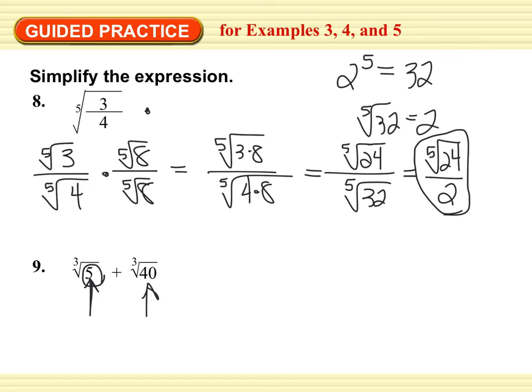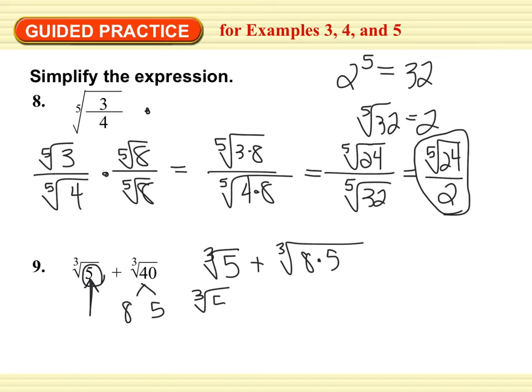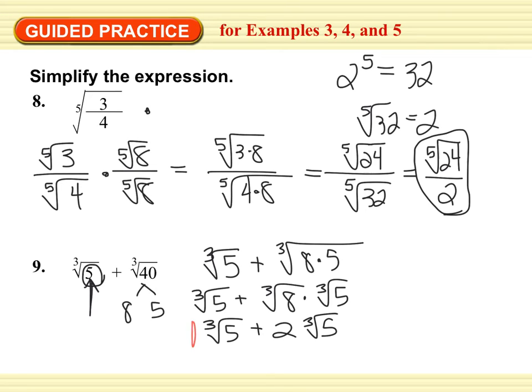So I do know that 40 is the same as 8 times 5. So I can do cubed root of 8 times 5, which I'm going to split up. Cubed root of 8, cubed root of 5. I know that the cubed root of 8 is 2. There's a 1 in front of this one. So when I add those, I get 3 cubed roots of 5.